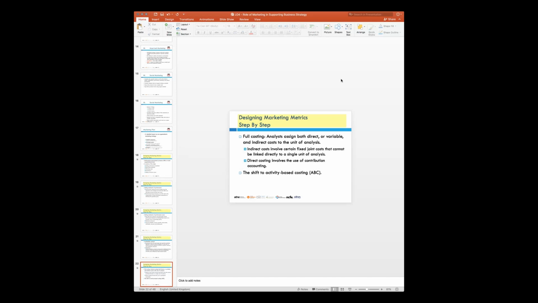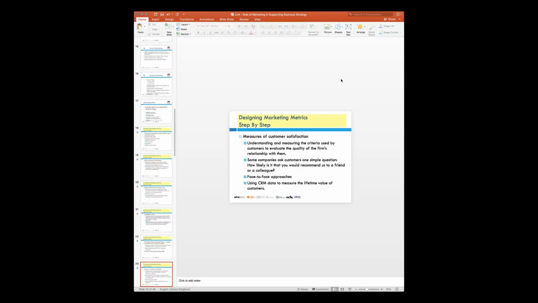There are things like the full costing method and the shift to activity-based costing. There are also measures related to customer satisfaction, and you will find this in companies which sell products which are intangible or related in general to services. There, the focus and impetus on customer satisfaction is the highest.